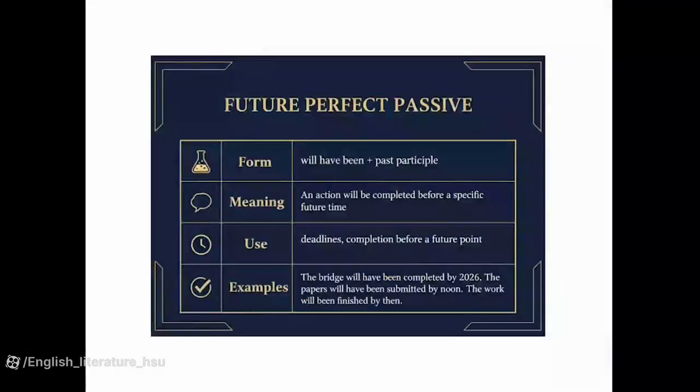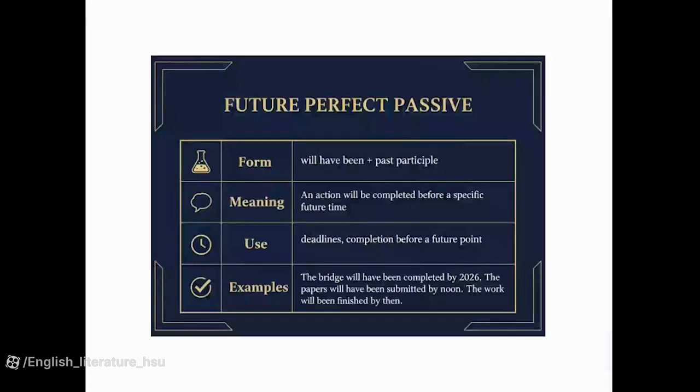Okay, and here we have future perfect passive. The structure is will have been plus past participle. It means that an action will be completed before a specific future time. We use this for deadlines, for completion before a future point. Okay, for example, the bridge will have been completed by 2026.